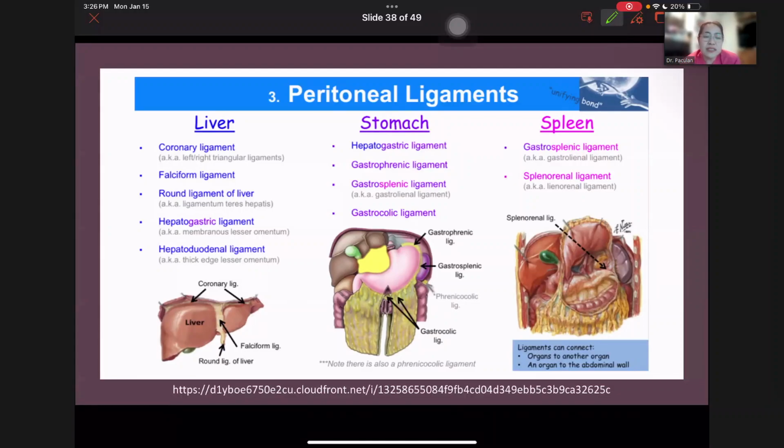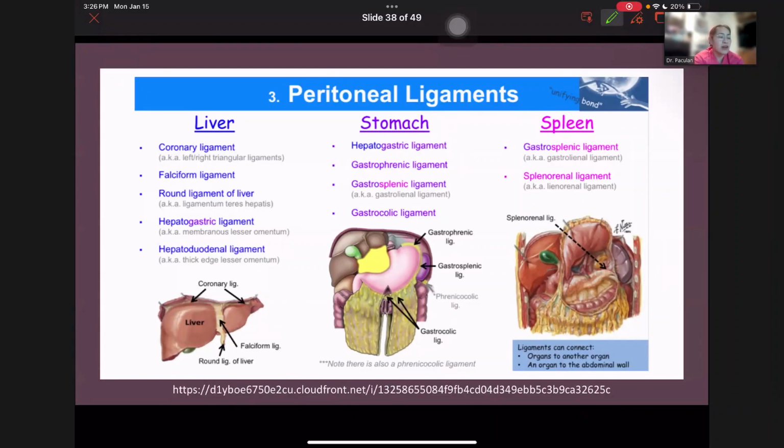Now, let's try to identify some ligaments. For the liver, that which connects the liver would be the coronary ligament, the falciform ligament, the round ligament, the hepatogastric ligament, which connects the liver and the stomach, and the hepatoduodenal, the liver and the duodenum.